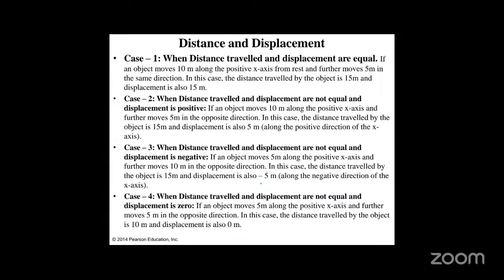So if an object moves 10 meters along the positive x-axis, let's say this is 10, and further moves 5 meters in the opposite direction. So the object made a U-turn and moved 5 meters.